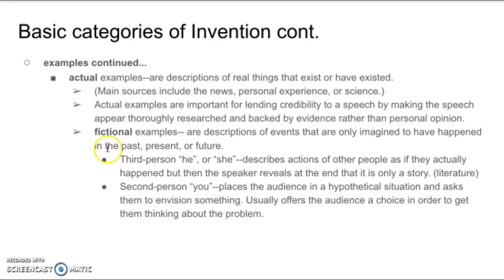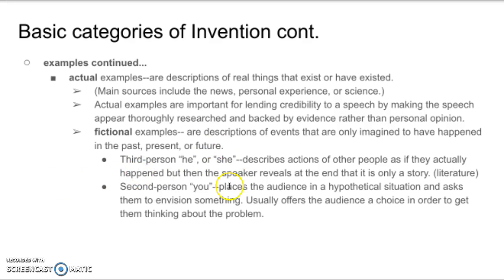We can also, though, use a subcategory of examples called fictional examples, and these are descriptions of events that are only imagined to have happened either in the past, the present, or the future. In these fictional examples, we can either take what we call a third-person approach or a second-person approach.